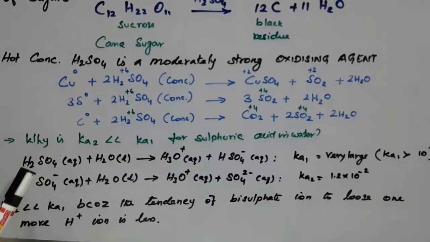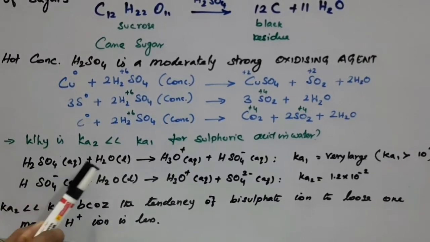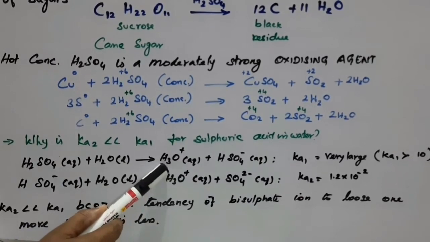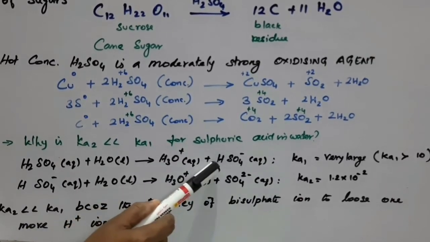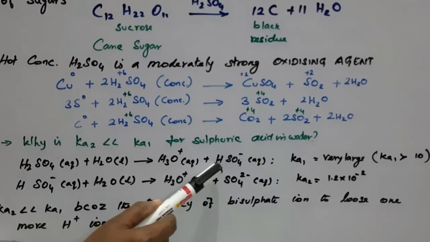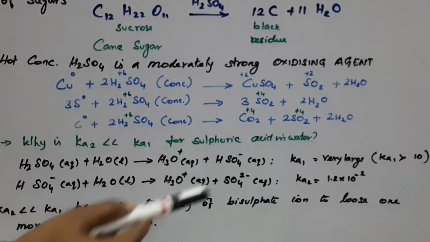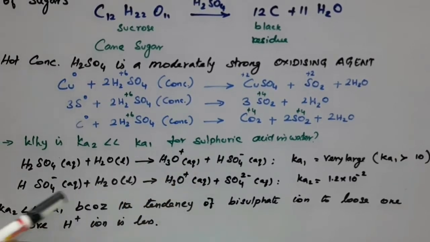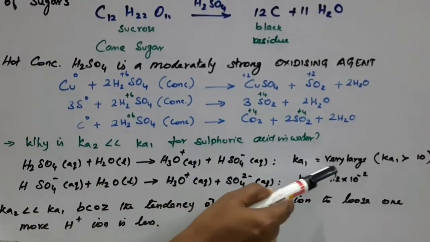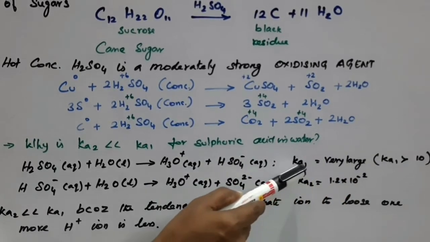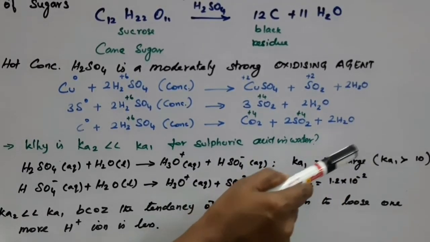Reason: suppose sulfuric acid, H2SO4, is dissolved in water. What happens? It produces H3O+, that is the hydronium ion, plus HSO4-, that is hydrogen sulfate. In this step the Ka1 value is greater than 10, so the acid dissociation constant value is very high.